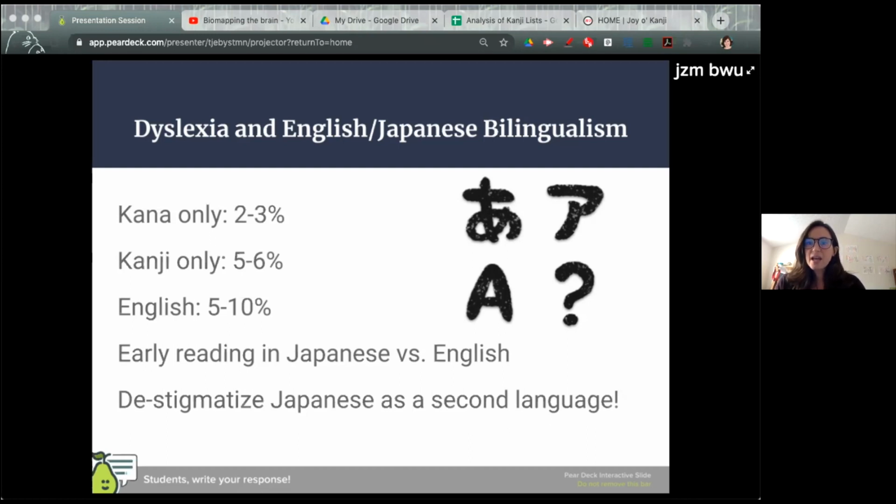But as I was looking into this, what I discovered, there's a lot of research into what's called the orthographic depth of a language. Hiragana is an exceptionally shallow, an exceptionally transparent language, because when you see ah, it sounds like ah. When you see the letter A written in English, it could sound like so many different things.